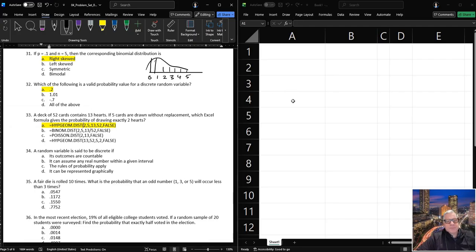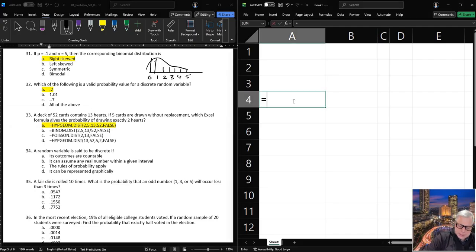So what does that formula say? Equals HYPGEOM.DIST. In the sample we want to have 2 hearts, so that is our sample successes. How many cards do we draw? 5.